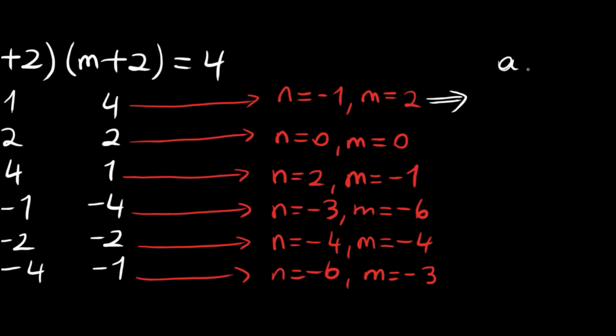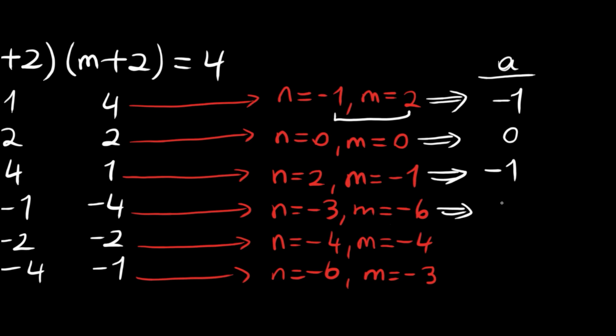Here we have m plus n equal to 1, so a is equal to negative 1. Here a is equal to 0 already. Here we have 1 again, so we have negative 1. Here we will have negative 9, so a is 9. This is negative 8, a is 8. And here we will have negative 9, so a is equal to 9.